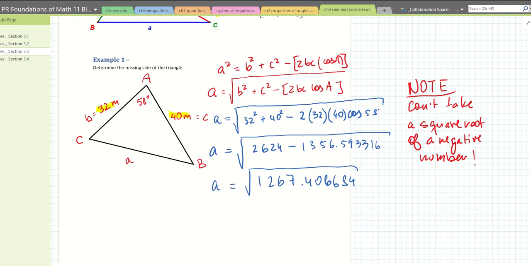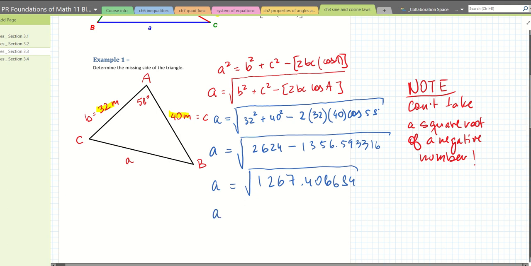Take the square root of this 1,267.4, and in this case, we're not asked to round to any particular number of decimals, so you're just going to try to match the number of decimals on the other side. So in this case, we're going to round to the nearest meter. So 35.6, and a bunch of other decimals, meters, or if you round to the nearest meter, your A value is going to be 36 meters. You have to round it up.